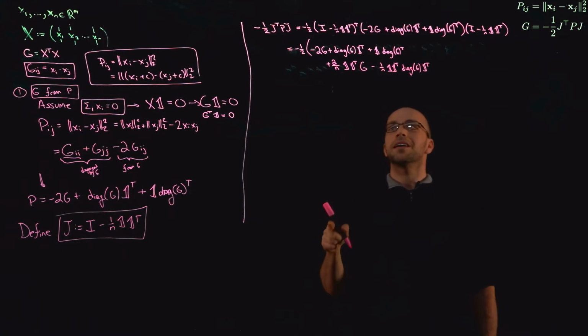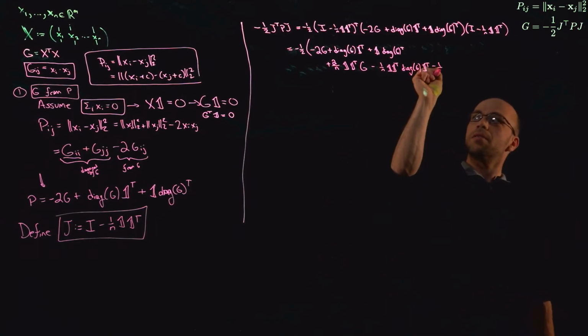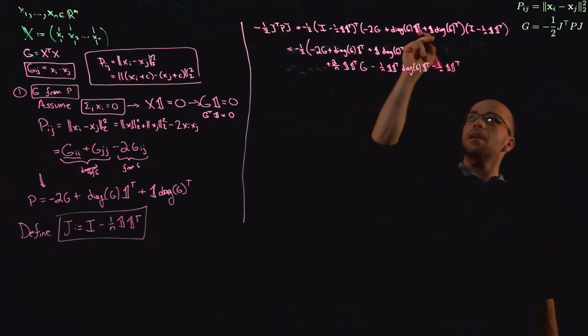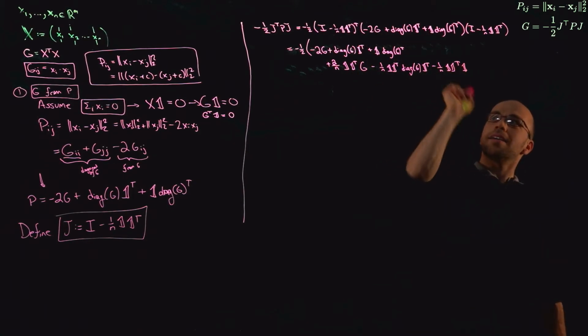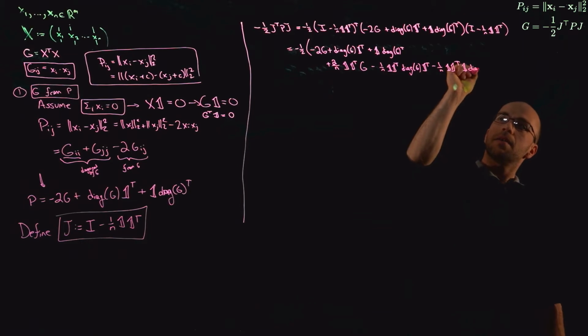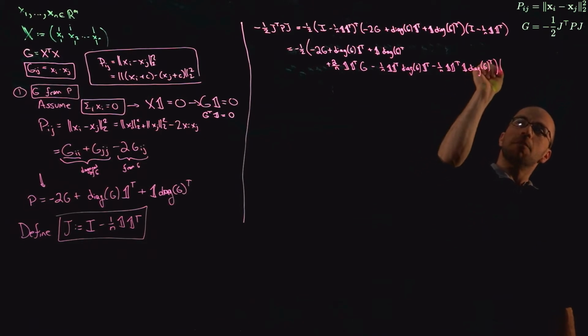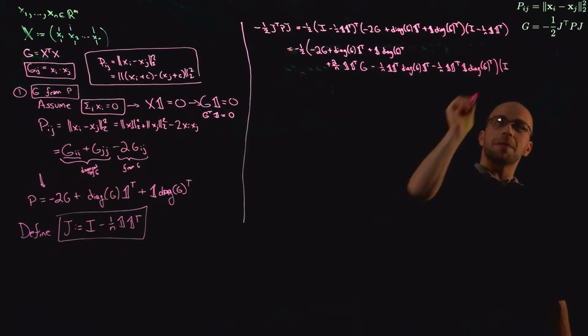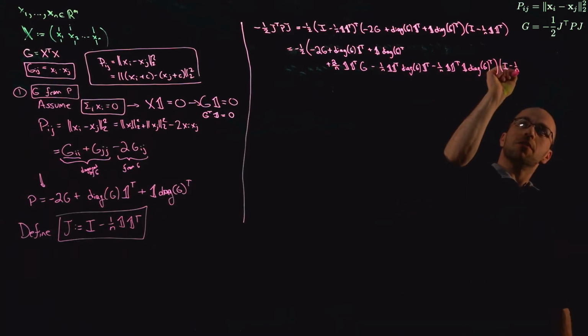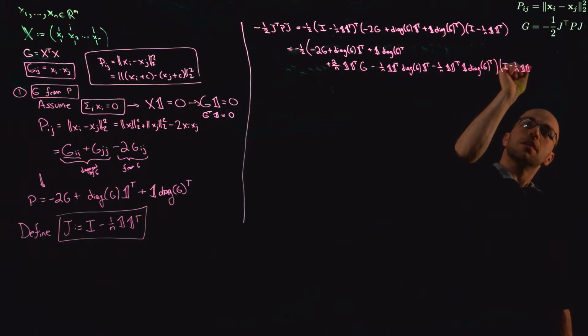And now we have another minus 1 over n, 1 transpose. And then we're going to have a 1 again, diagonal of g transpose. Going by the seat of my pants here, folks. Hopefully I'm not making any mistakes. 1 over n, 1, 1 transpose.